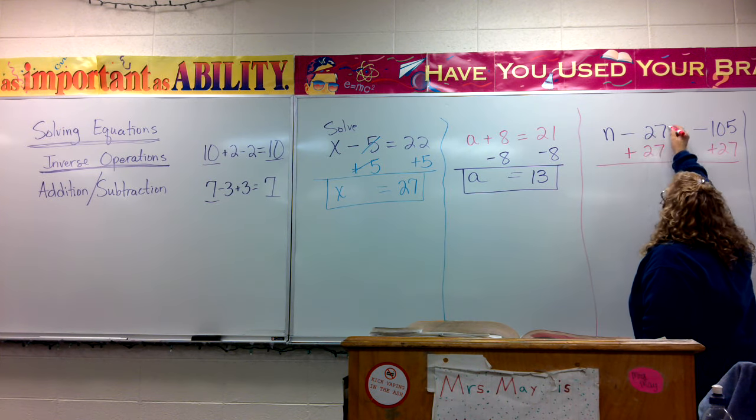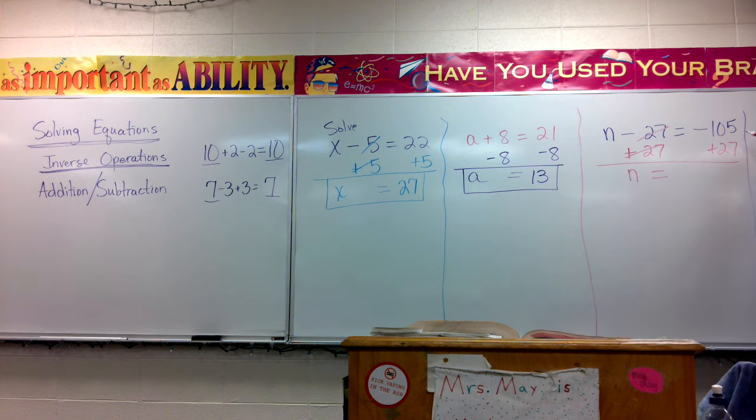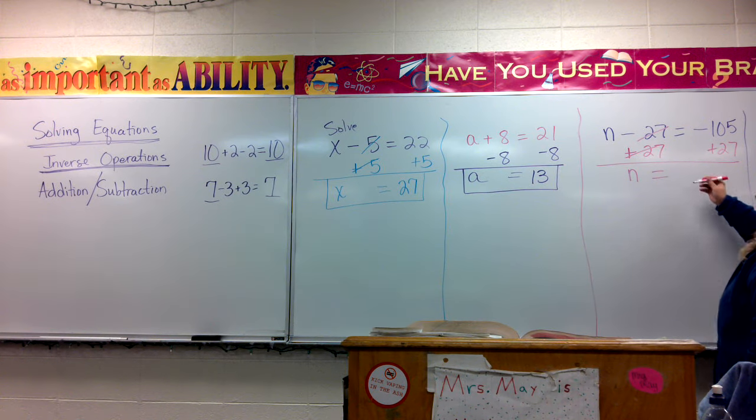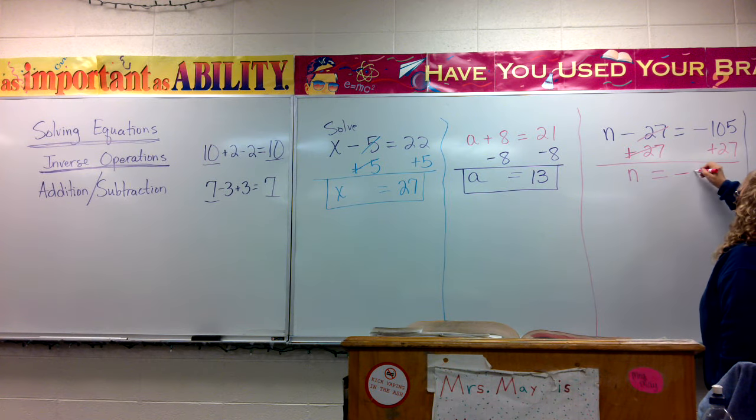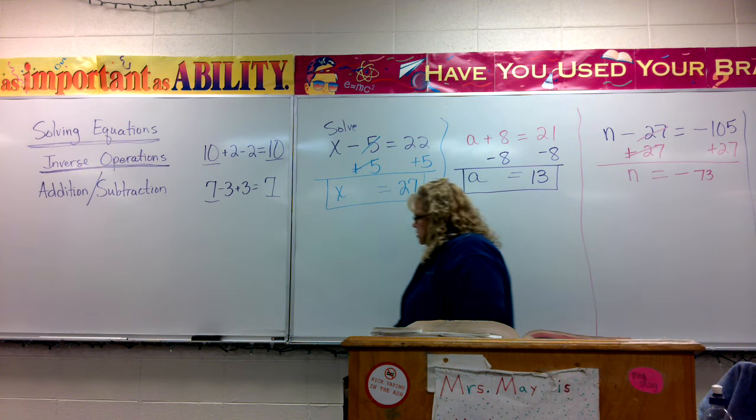Well, this cancels and I get n equals, over here, I think I might need a calculator to do negative 105 plus 27. Negative 105 plus 27, it's going to be negative 78.